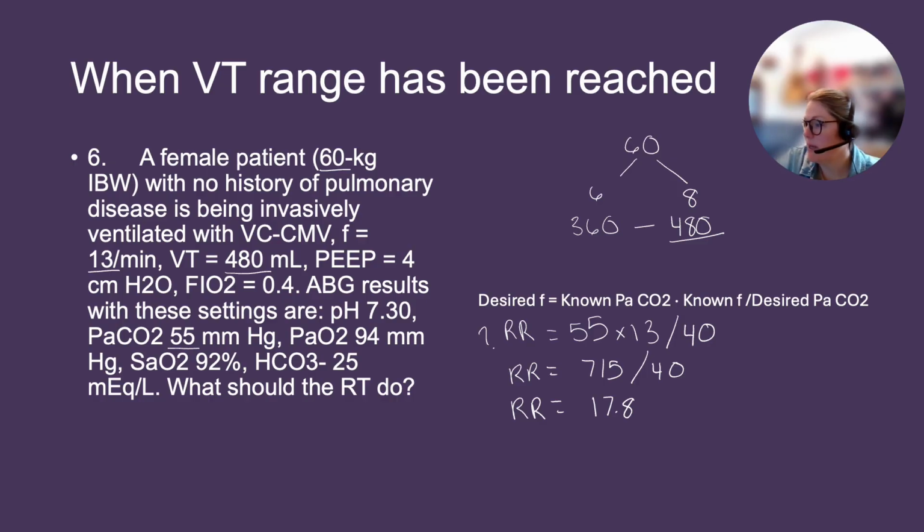And since we have to pick a number to set on the ventilator, we're going to do it a little bit lower at 17 breaths per minute. And that's going to get our patient's CO2 where it needs to be, within normal range.